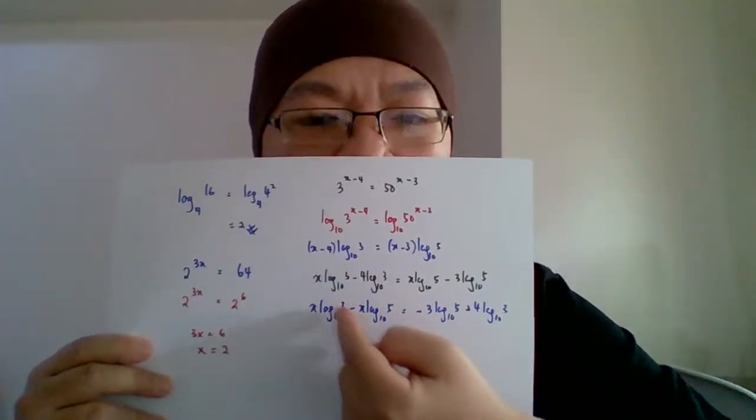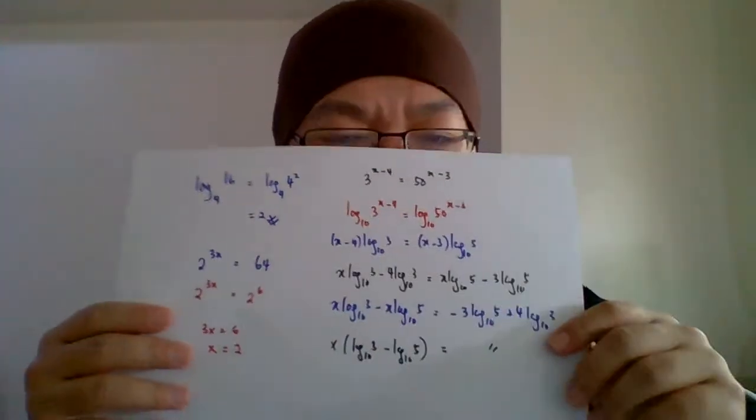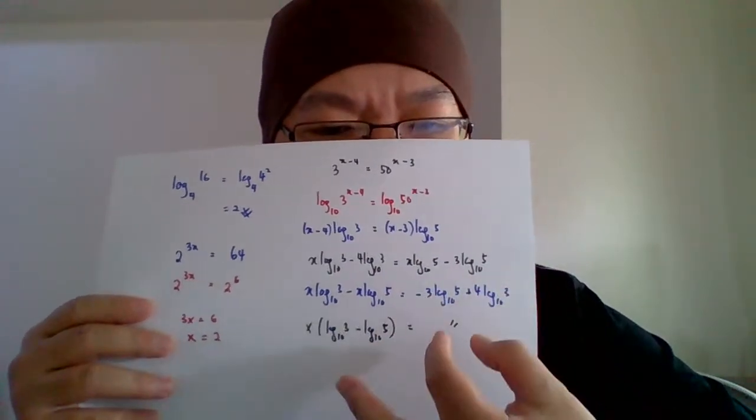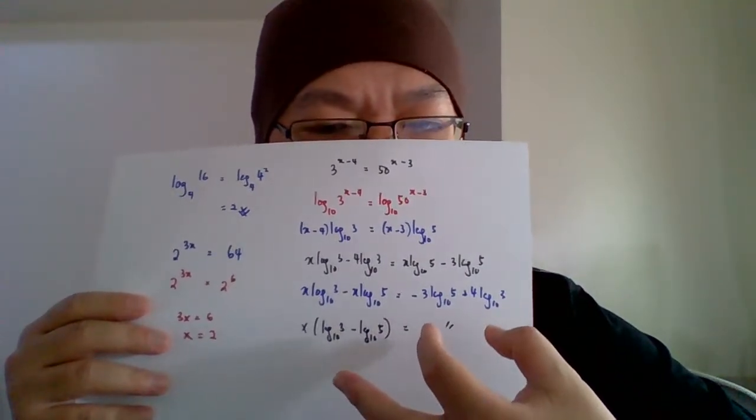Since the x is repeated, we need to factorize our x here. So it will become like this. After we factorize it, it becomes x times a bracket equals the number on the right, copy, cut and paste, put it here.